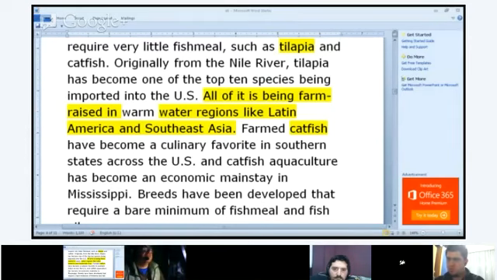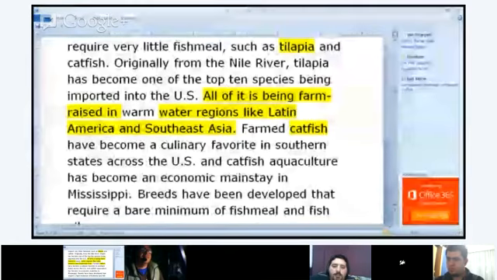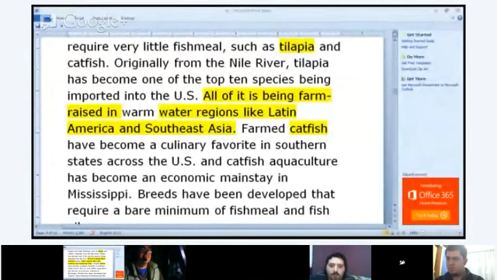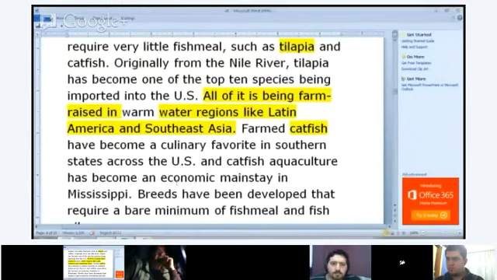Now help us out here. This class is very, very quiet. I think Mississippi. Yes, they grow it in Mississippi, and it's a cultural food.